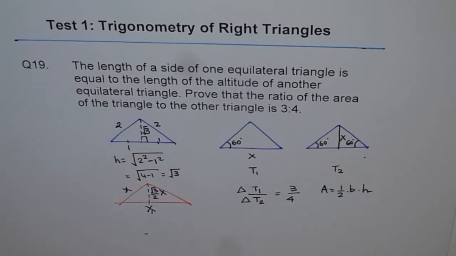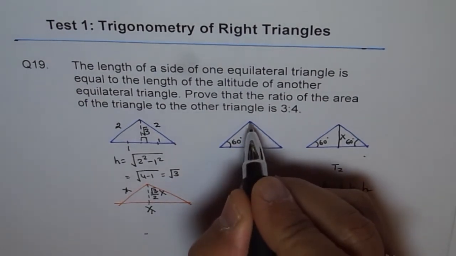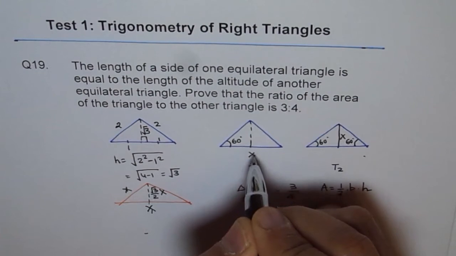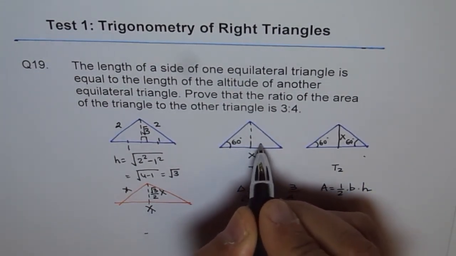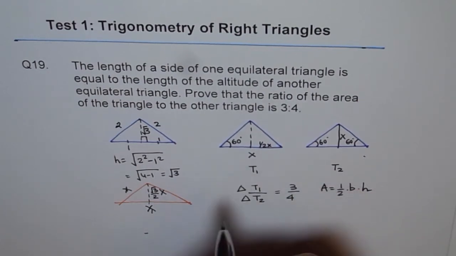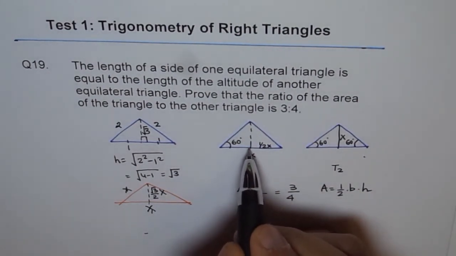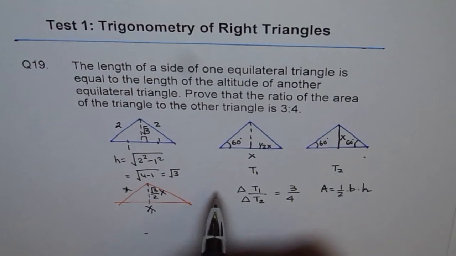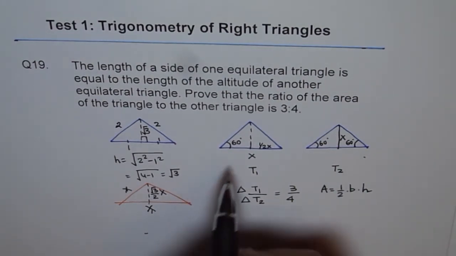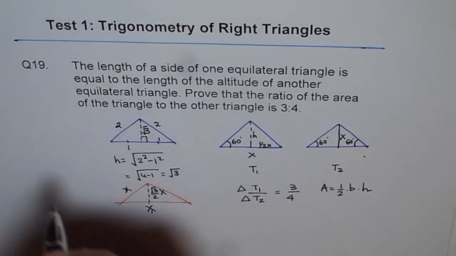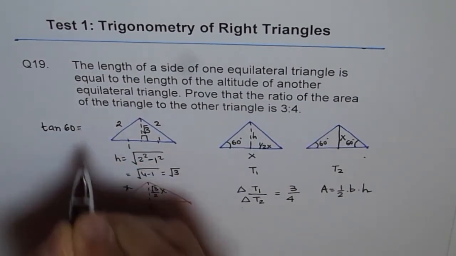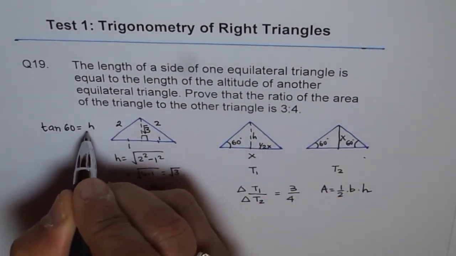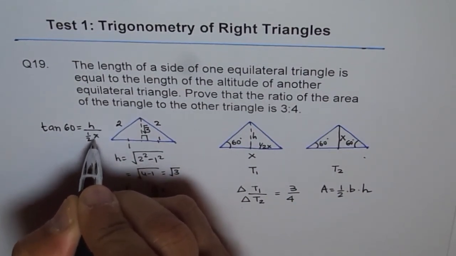Second way of doing it is like this. When you know that the side is x, then you know half of it is half x. Correct? Now you can find the height of the triangle using the tan ratio. What is tan 60? So tan 60 equals h over half x.